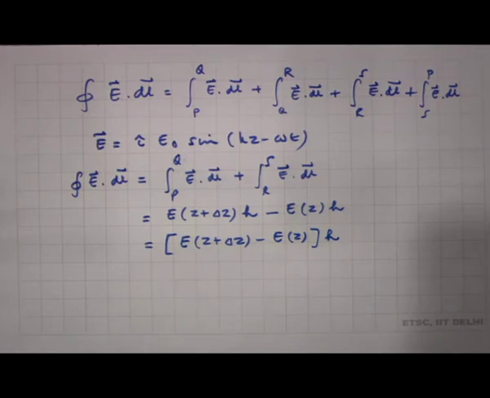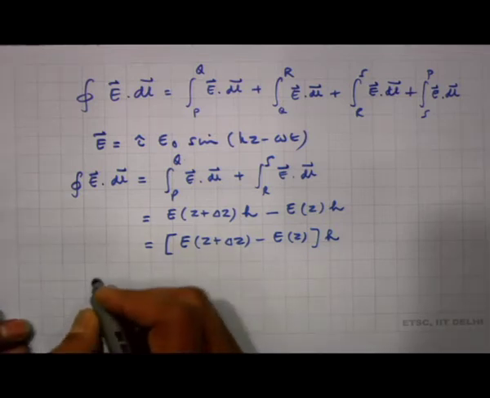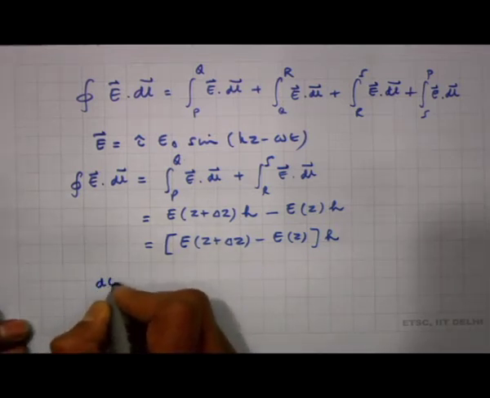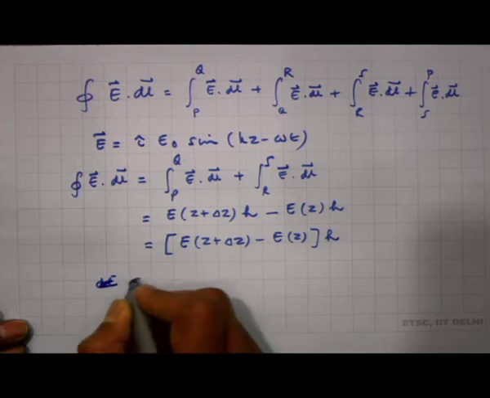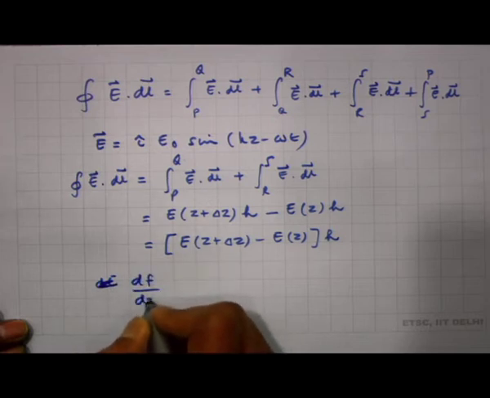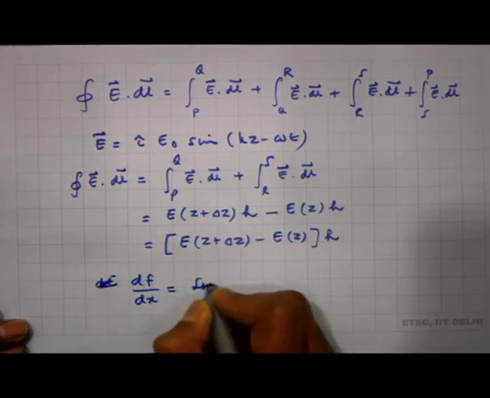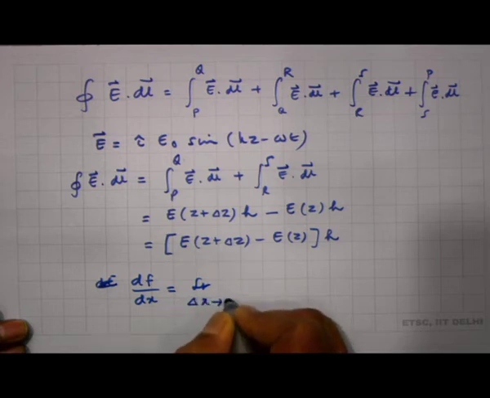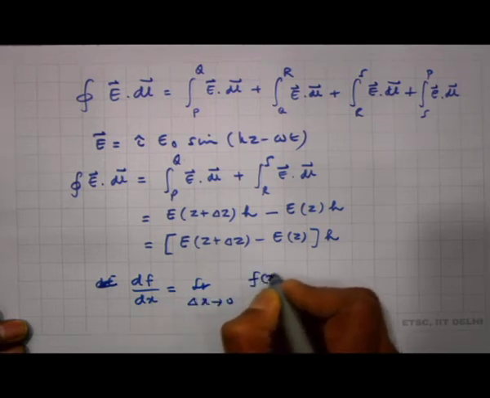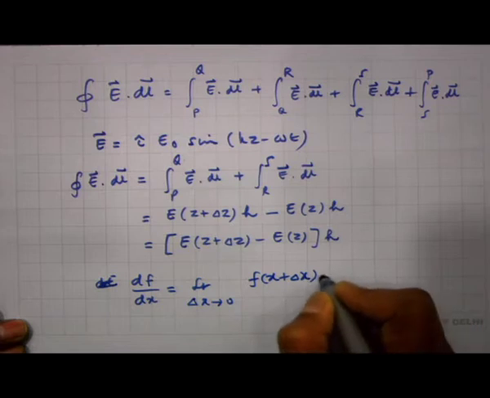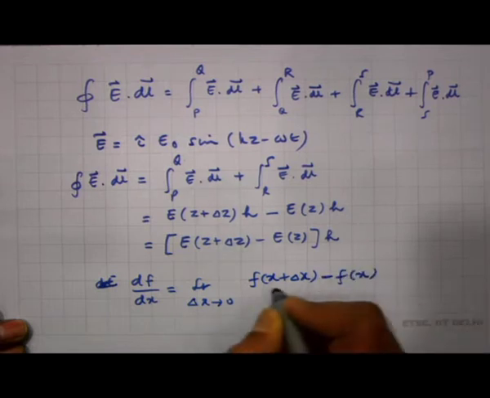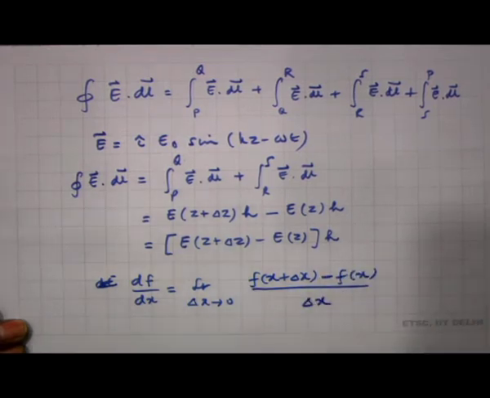Now, let me recall to you, you have defined the differential of a function. So, let me take a function f: df by dx is equal to limit delta x tending to 0 of f of x plus delta x minus f of x, by delta x. This is the definition of the differential of a function.